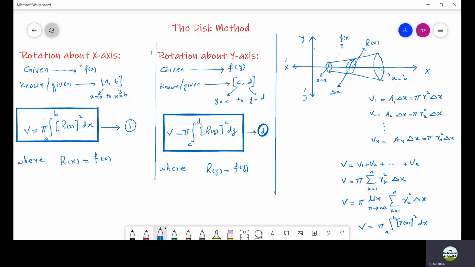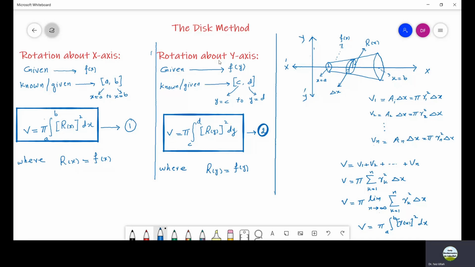If we are given that the axis of rotation is x-axis, and there will be given function f of x which will be defined on the interval a comma b, then we shall use formula number 1 to find volume of that solid. Here r of x is equal to f of x which will be given in the question.